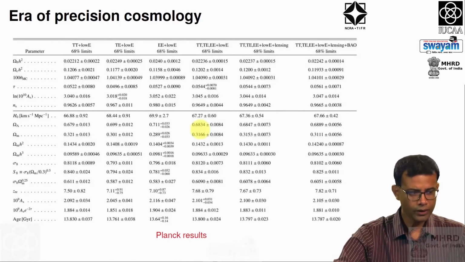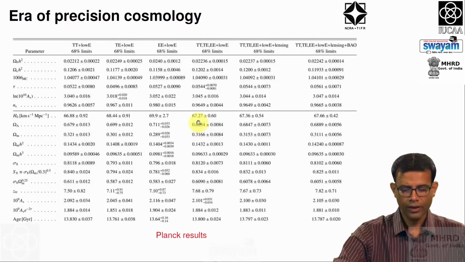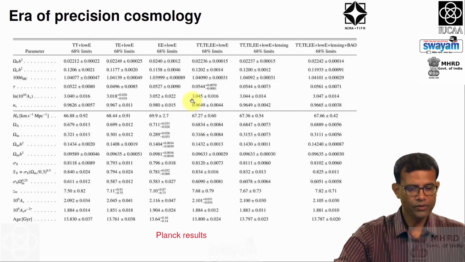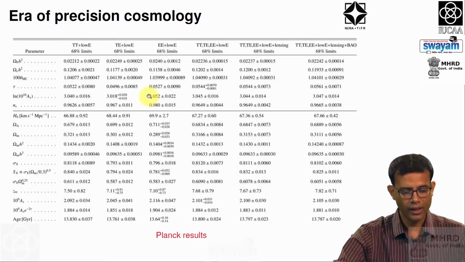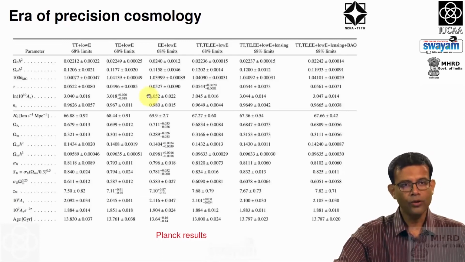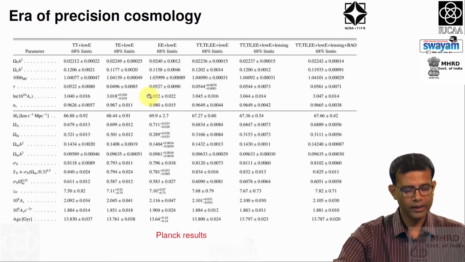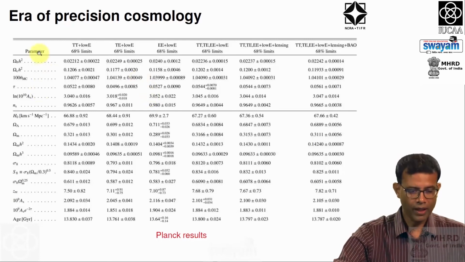Okay. Now, we are at a point where we can talk about precision cosmology using CMBR. What happens is that you take these CLs not only for the temperature, but also polarization, and then you try to fit a model of cosmology with various free parameters.